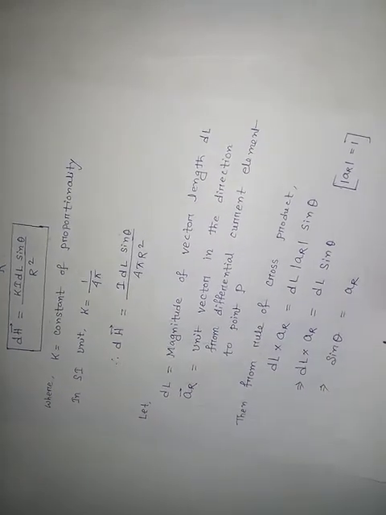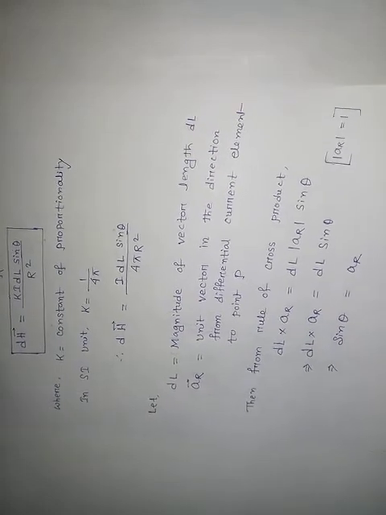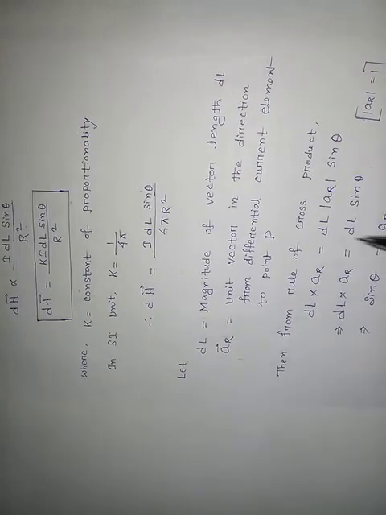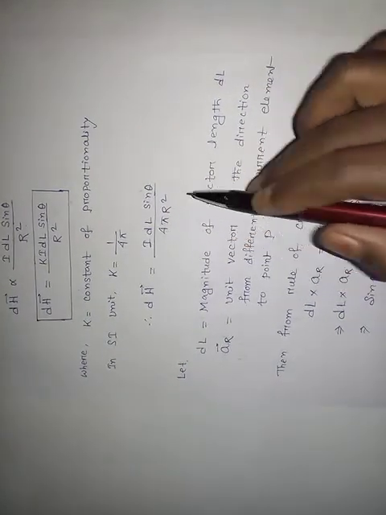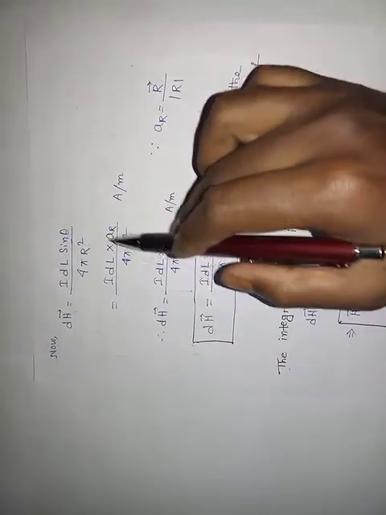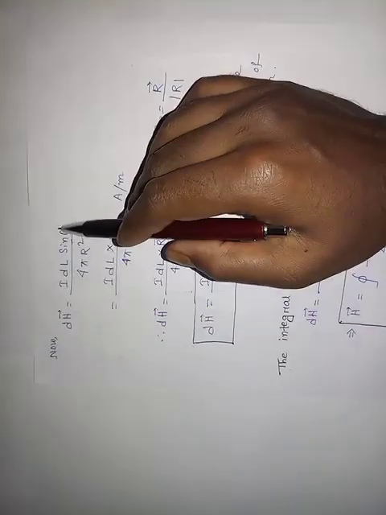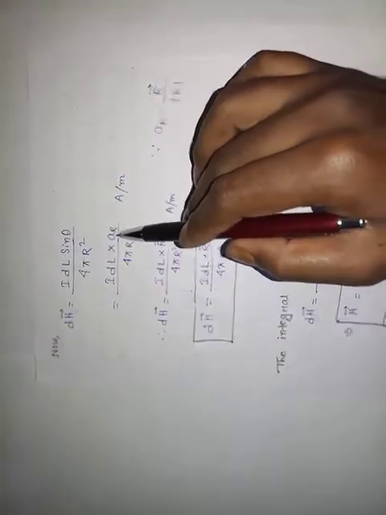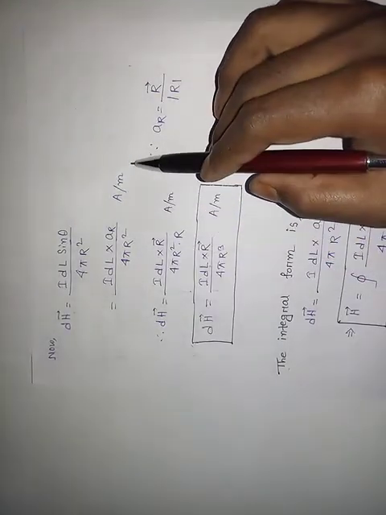Now from this part our formula is I dl sine theta by 4 pi r square. So dH equals I dl sine theta by 4 pi r square, where in the sine theta part we put aR. Now it is ampere per meter.